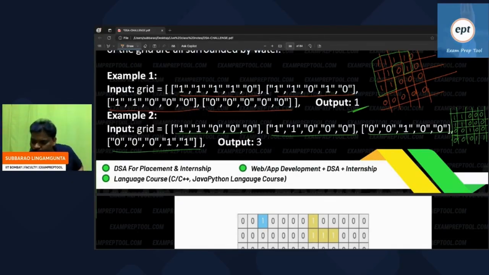Can you find out? I think this is one. All adjacent ones you have to take. Try to remember all adjacent ones. Let me check. So this is one.